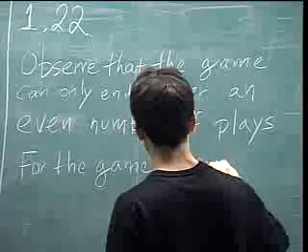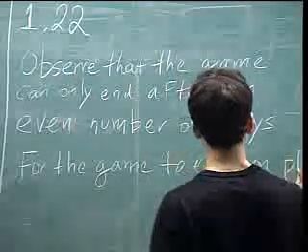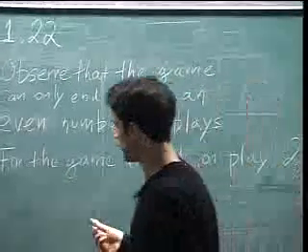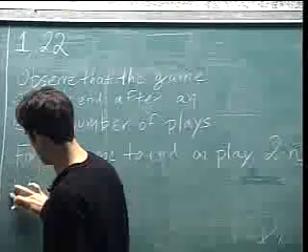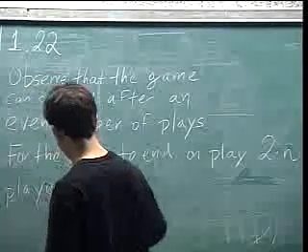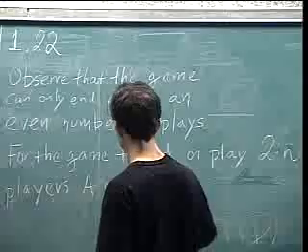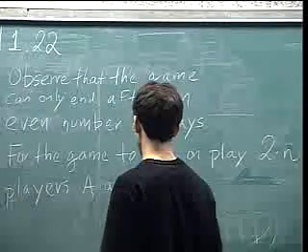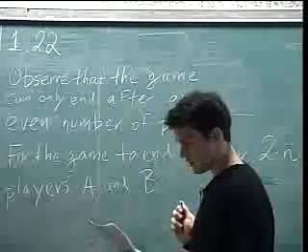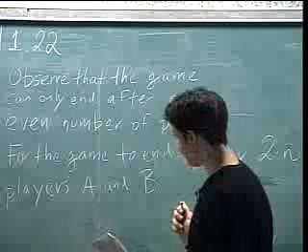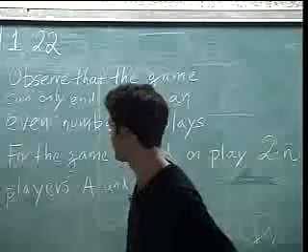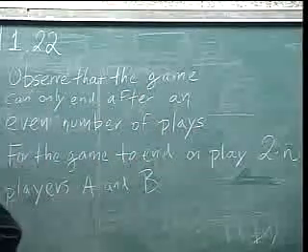for the game to end on play 2 times n, players A and B. How do I write this? Well, actually, let me backtrack a little bit, because here I will confuse you.